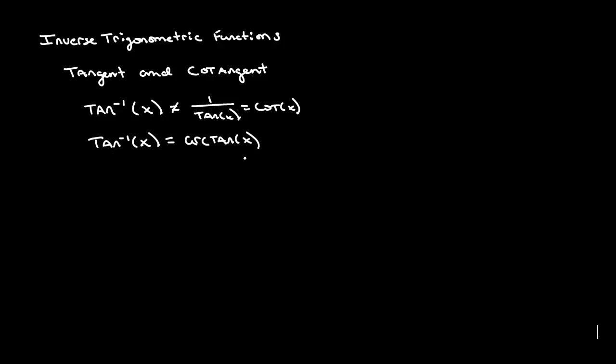So here's the deal though. We have the same situation where if I asked you something like this, what is the arctangent of 1? The input is a real number. The output for us is an angle.